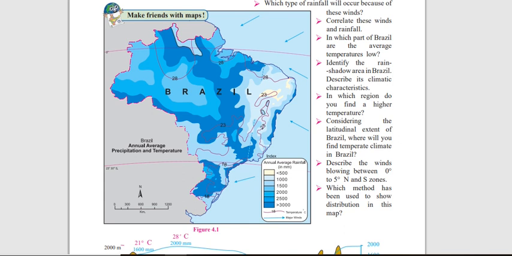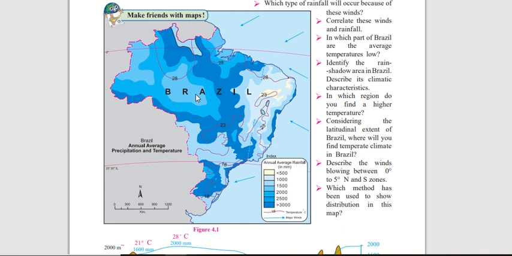The isopleth method is where lines are used to show the areas where the elevation, temperature, rainfall, etc. is the same. These lines showing equal temperature are called isotherms. The choropleth method is where areas are shaded or patterned in proportion to indicate the average values.